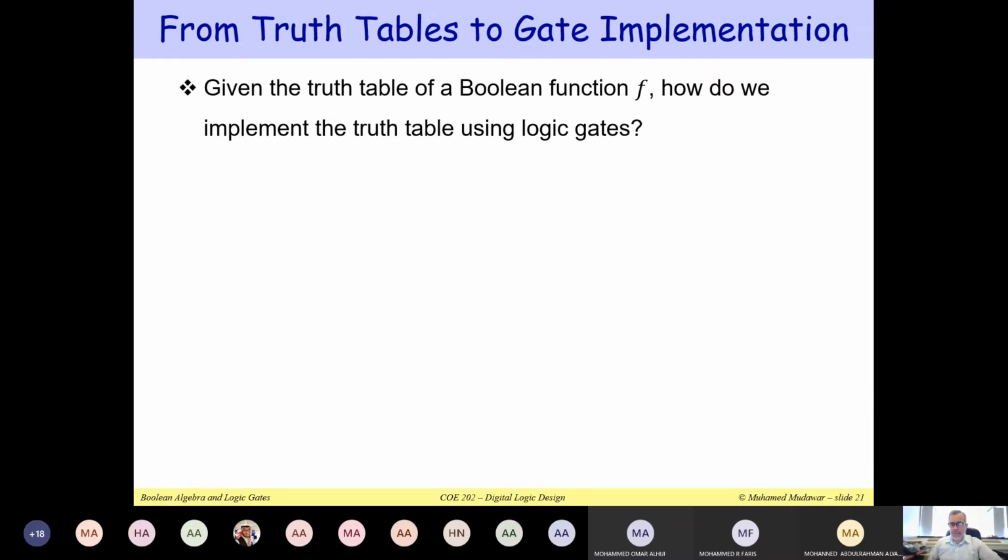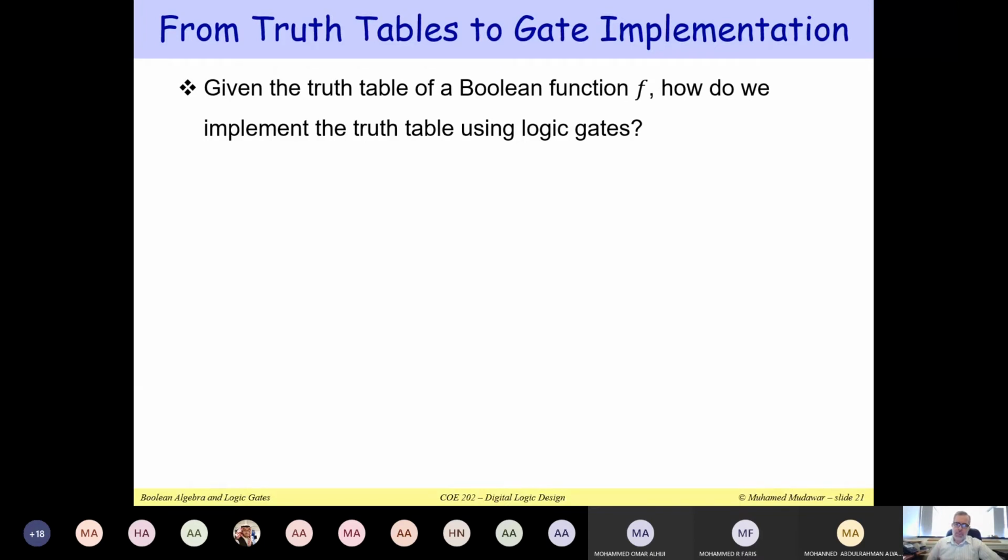Now, sometimes the diagram is not given to you. What is given to you is a description of the circuit that you need to design, and you might have a truth table. Only the truth table is given to you. And if the truth table is given to you, you would like to obtain from it an expression of the function f, the output f.